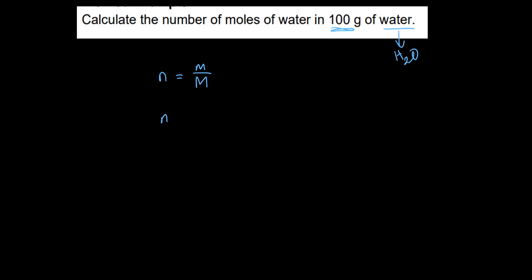So the number of moles of H2O is its mass divided by its molar mass. Its molar mass is 1 times 2 plus 16, and remember, molar mass you find in your periodic table. Then I believe the answer should be 5,56 moles. Those are the number of moles of water in 100 grams of water.